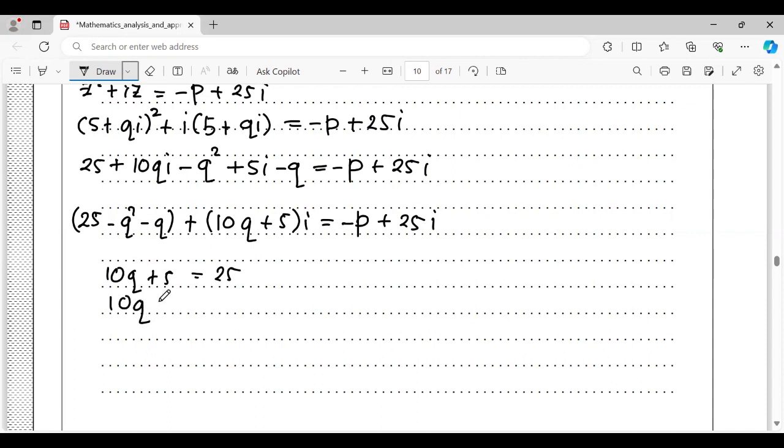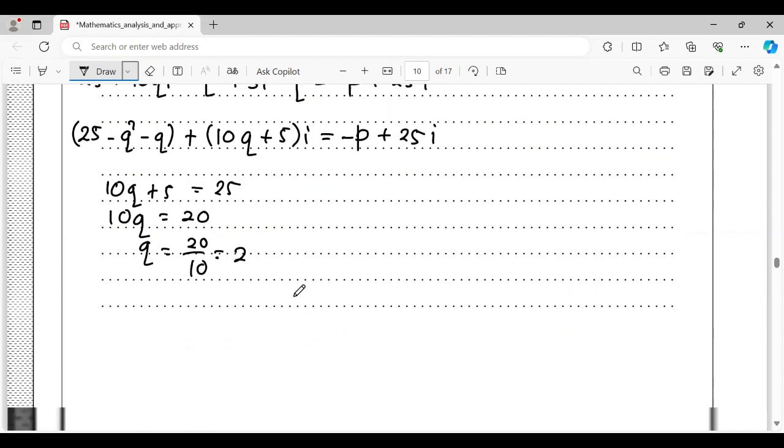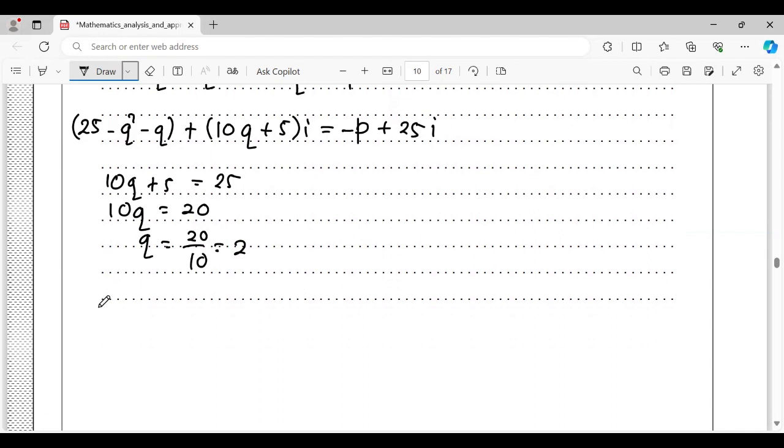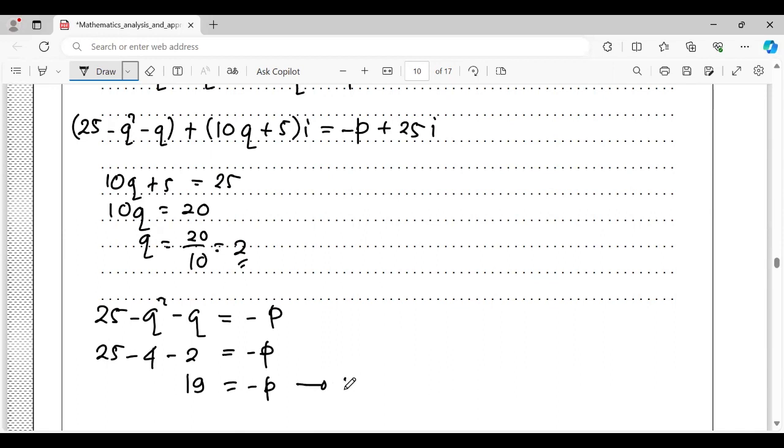So 10q equals 20, q equals 20 over 10 equals 2. Next, 25 minus q squared minus q equals minus p. q equals 2, so it becomes 25 minus 4 minus 2, so 19 equals minus p. p equals minus 19.